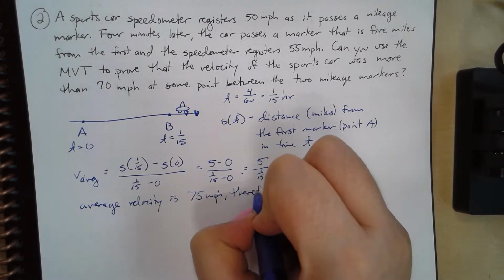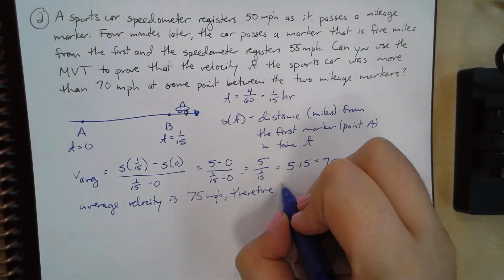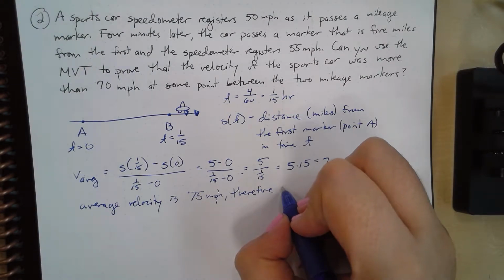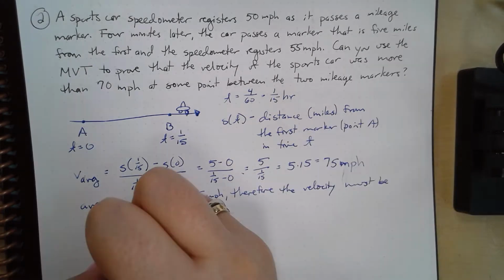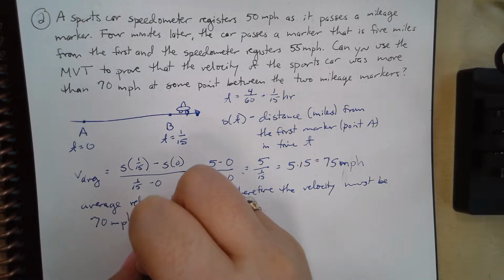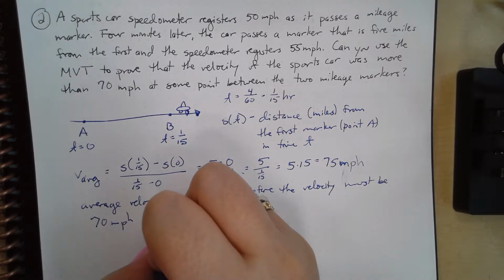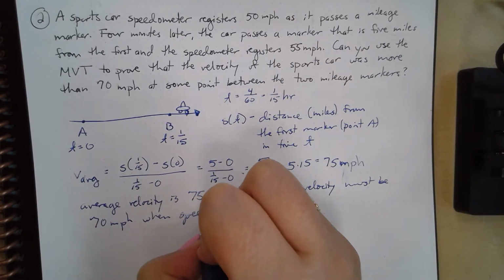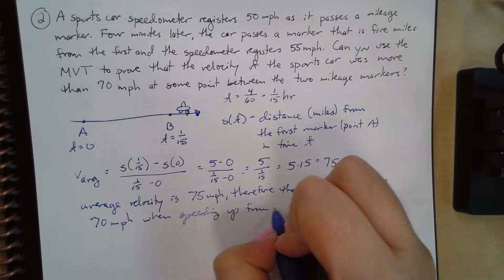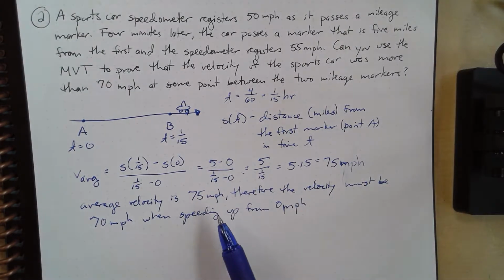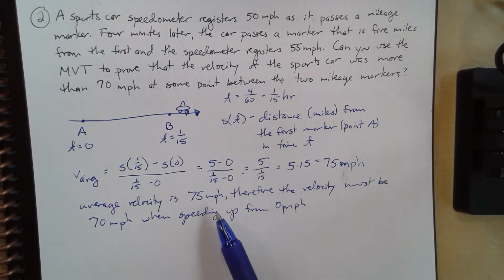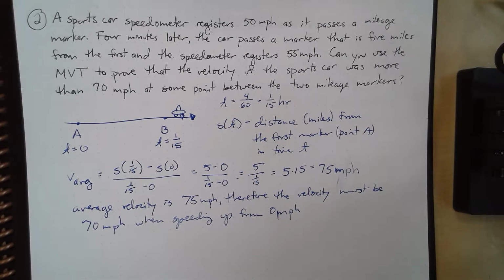Therefore, the velocity must be 70 miles per hour when speeding up from point A, 0 miles per hour, whatever you want to say. So at some point in time, because of our mean value theorem, we were going 70 miles per hour. All right, so let's do 2 more examples here, and then we'll kind of wrap it up.